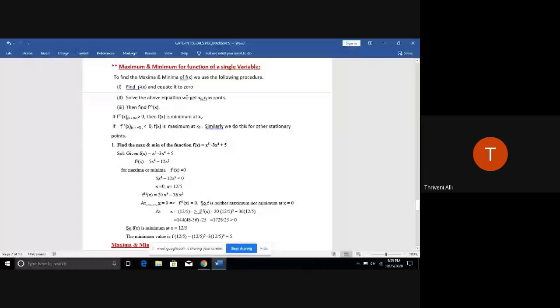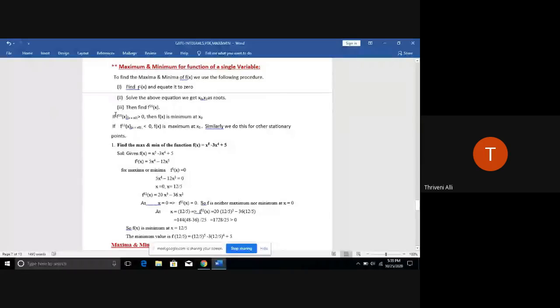By solving that equation, we get the roots x naught and x1. Then find f double dash of x, I mean the second derivative. If f double dash of x at x equal to x naught is greater than 0, then f of x is minimum at x naught. If f double dash of x is less than 0 at x equal to x naught, then f of x is maximum. Similarly, we do this for other stationary points also.